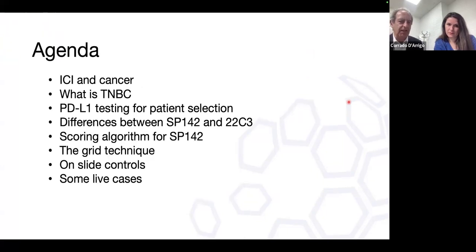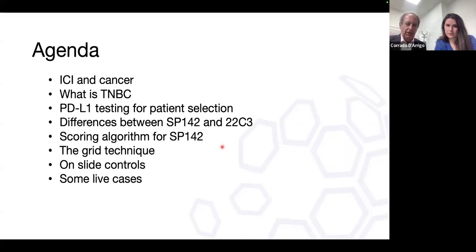This is kind of an agenda, more or less, of what we're going to talk about today in the next hour. A little bit about what ICI are and what their use is in cancer, and a little discussion perhaps of what triple-negative breast cancer is, and then how we do the testing for PD-L1. Although I promised Emilia that I wouldn't say that, I am mentioning 22C3 because, of course, there is pembrolizumab on the agenda as well, but we are not going to talk too much about pembrolizumab and SP and 22C3.